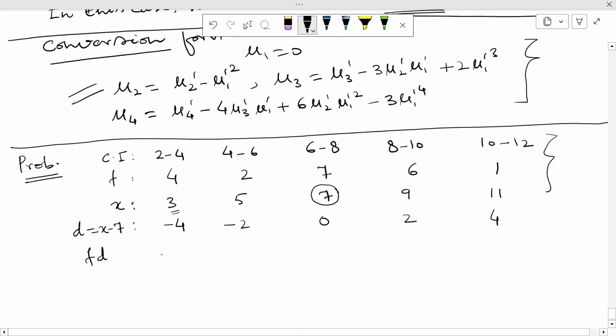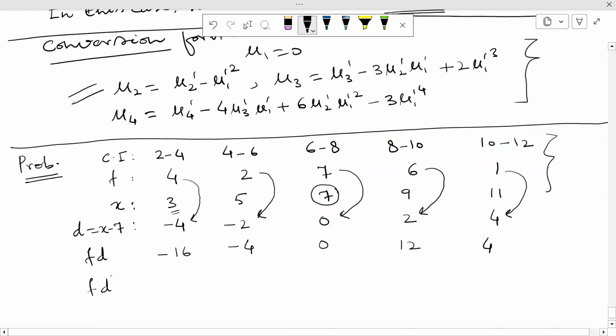So this comes out as minus 16. Similarly, this is minus 4, here we have 0, this is 12 and we have 4. So we are multiplying each frequency by the corresponding deviation, taking the product like this, and you obtain the values of FD.